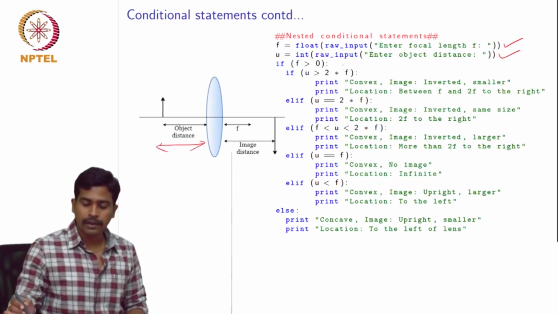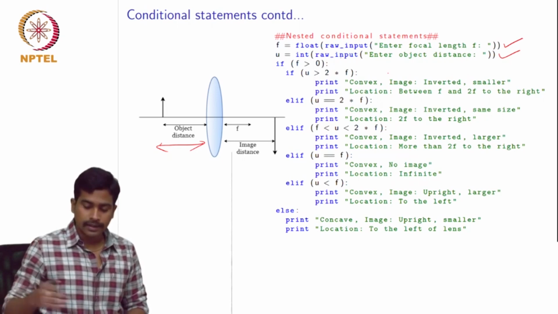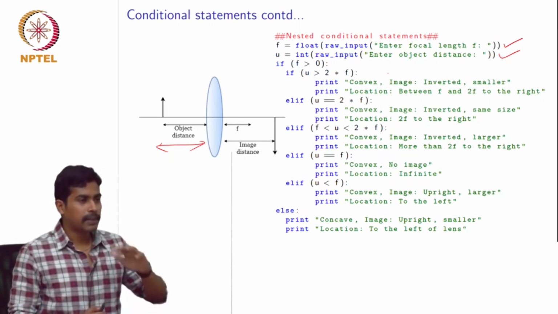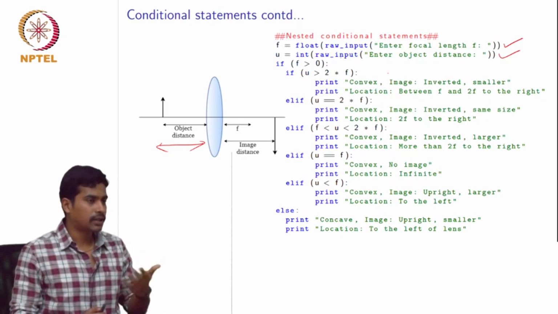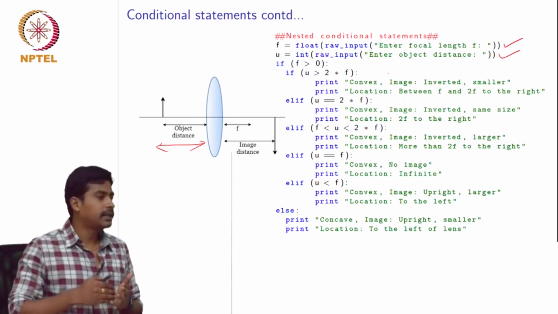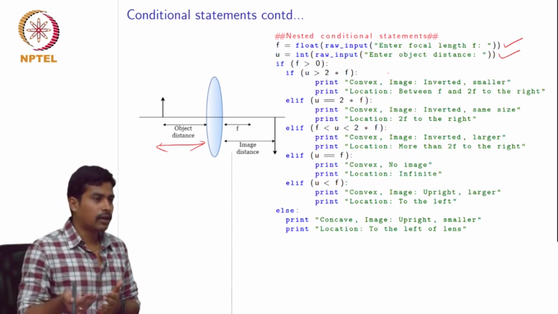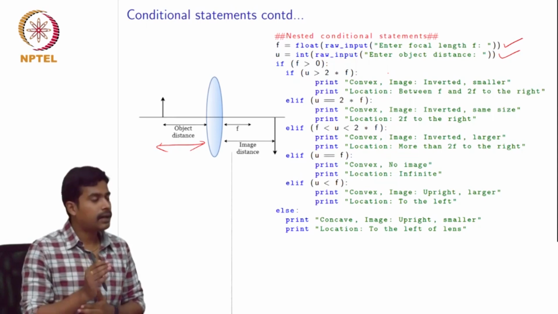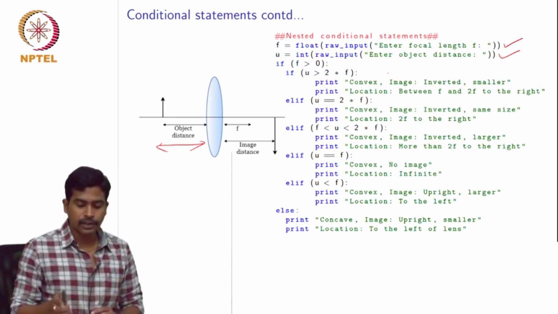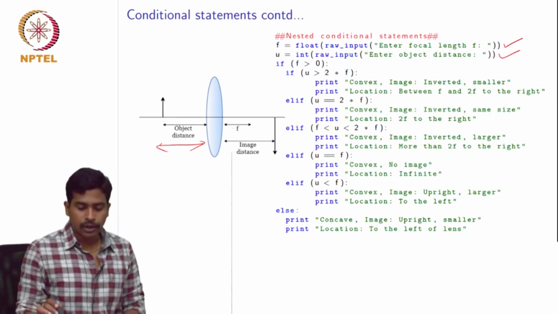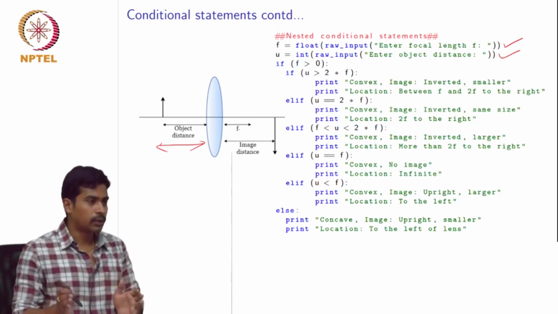Based on these two values, it is going to say whether the image is going to be a real image or a virtual image, whether it is going to be inverted or upright, and about the position of the image, whether it is going to be at infinity or lie within f or 0 to 2f.